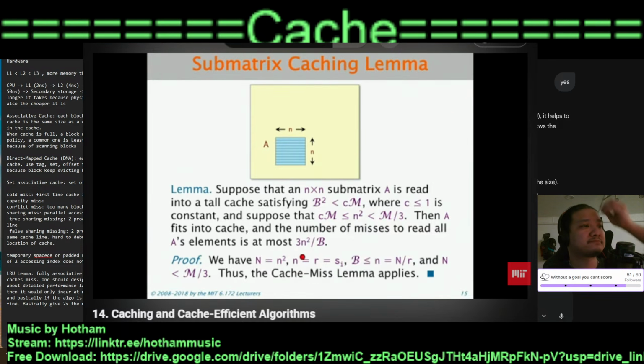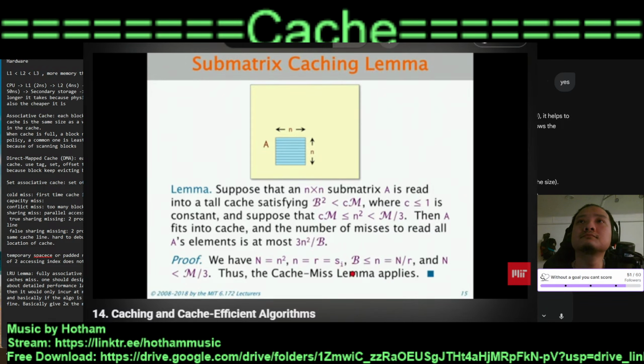So the number of segments R is going to be little n, and the segment length is also going to be little n, since we're working with a square submatrix here. And then we also have that the cache block size B is less than or equal to n, which is equal to big N over R.